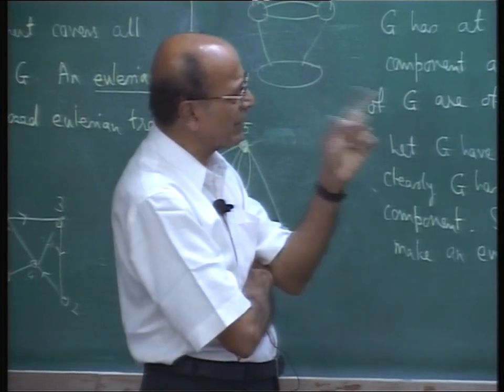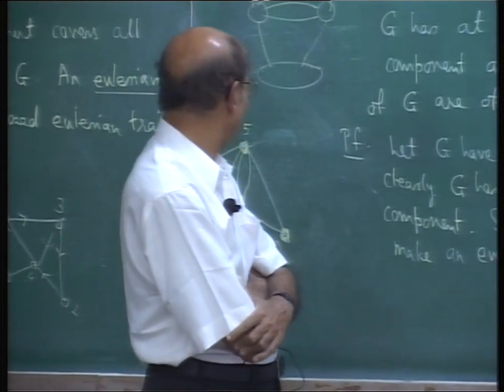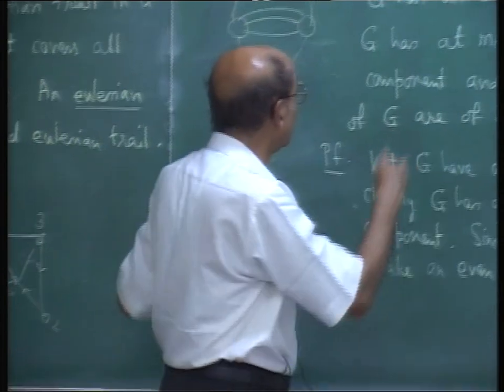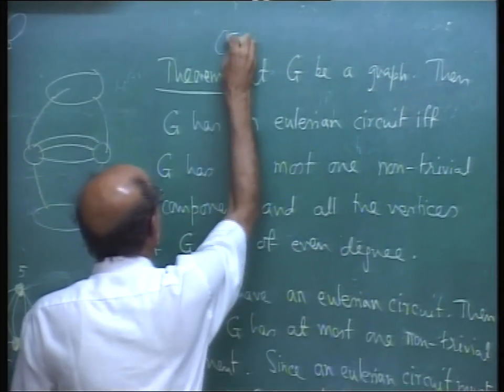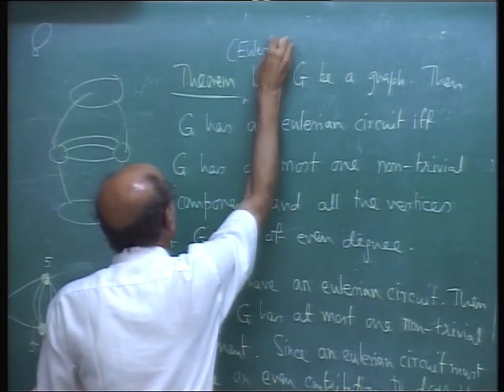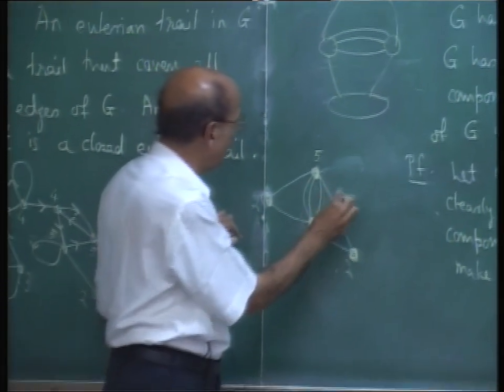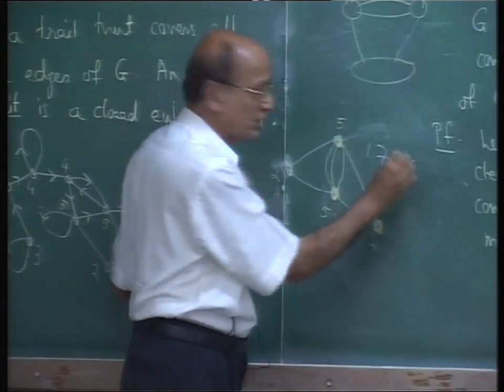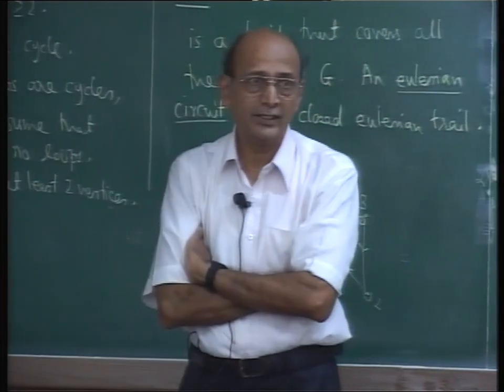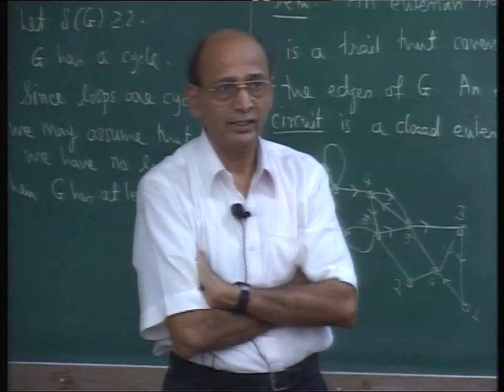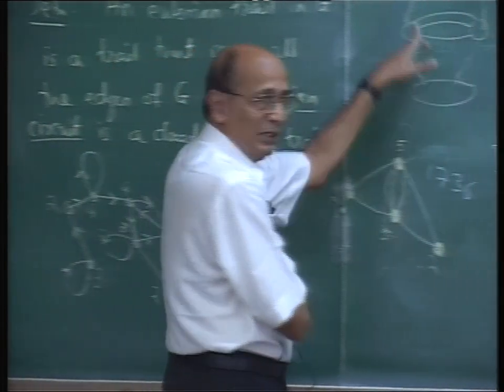This is a more descriptive proof of Euler's theorem. Incidentally, this theorem is Euler's. It was the sort of beginning of graph theory, 1736. The seven bridges problem, the Königsberg bridge problem. That is exactly what that problem is.